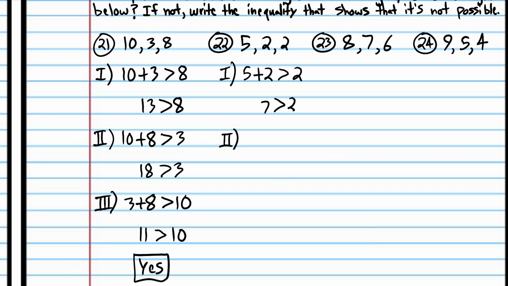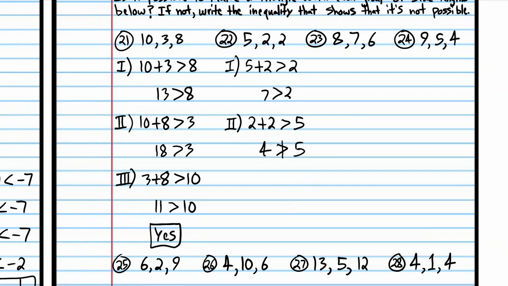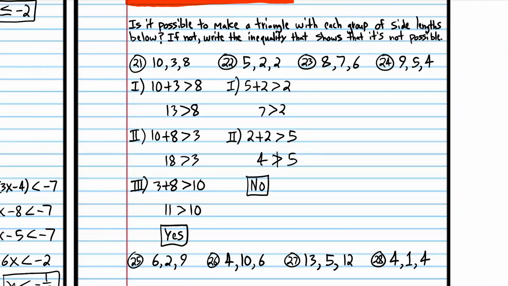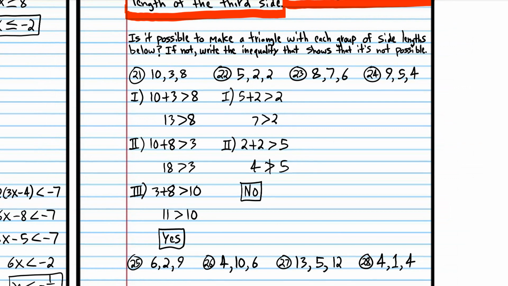And let's try 2 plus 2. That must be greater than the third side, 5, and that is not true. So instead of writing greater than, we write not greater than and write a line through it. And now we can say, no, you cannot make a triangle with these side lengths.